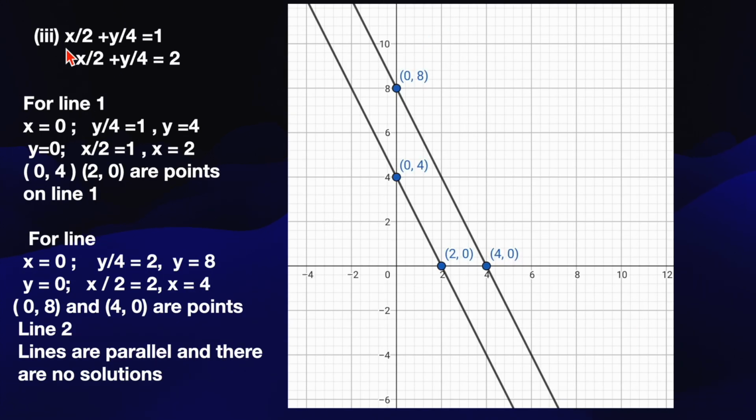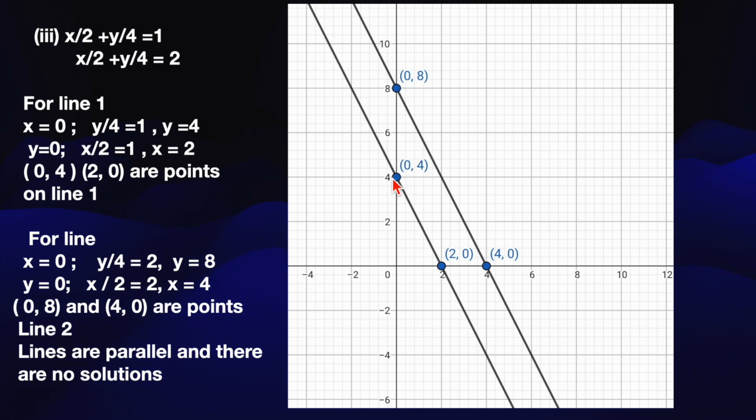Third sum, x upon 2 plus y upon 4 is equal to 1. x upon 2 plus y upon 4 is equal to 2. Take the first equation. Put x is equal to 0, you get the value of y as 4. Put y is equal to 0, x is equal to 2. So 0, 4 and 2, 0 are the 2 points. Let's plot them.